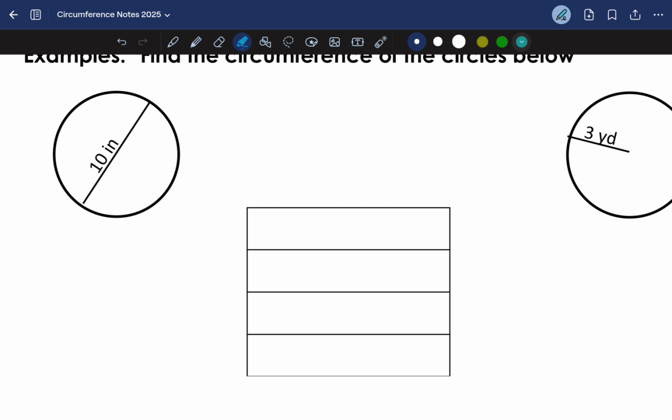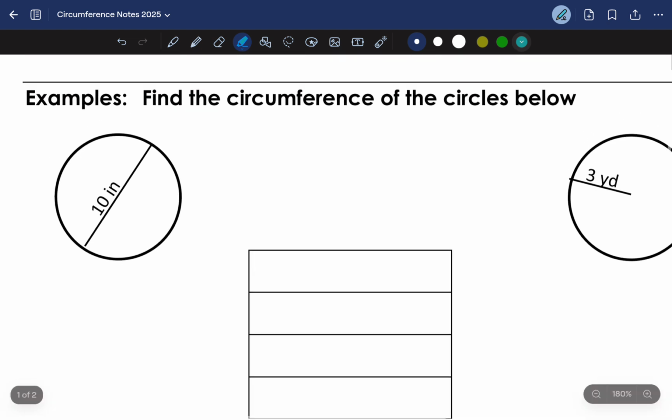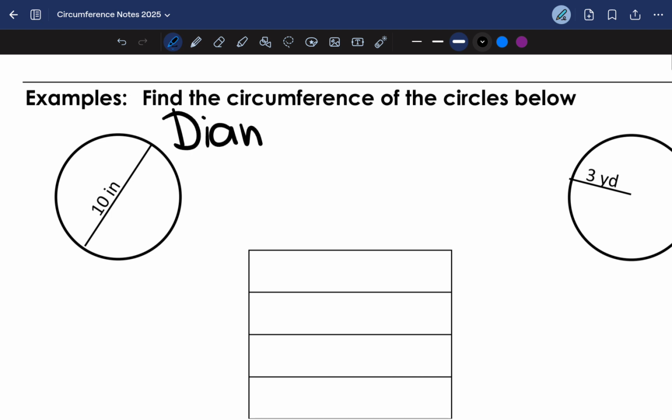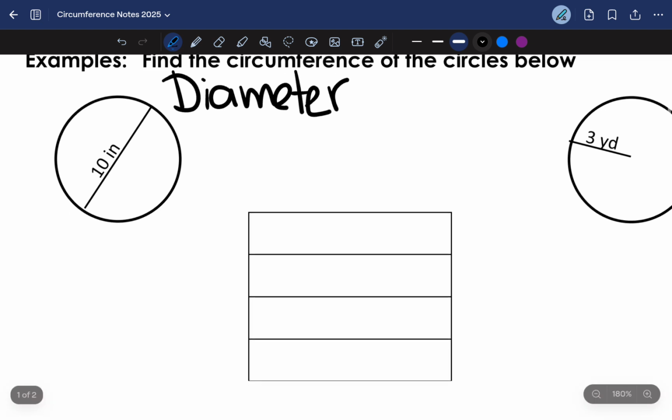For this first one, I have a measurement of 10 inches. I evaluate the situation: the line goes all the way across the circle, so this is the diameter. I'll write diameter, because that's what we did yesterday. Then I write the formula associated with circumference and diameter: C equals pi d.